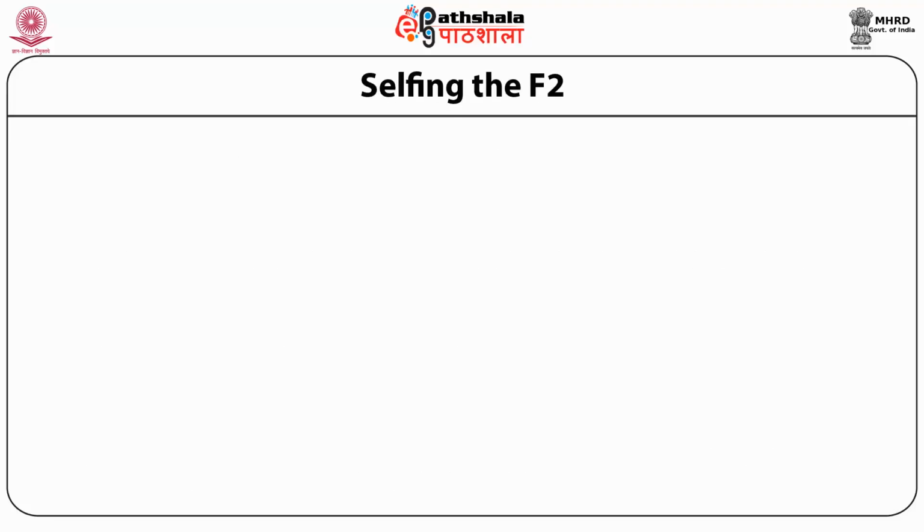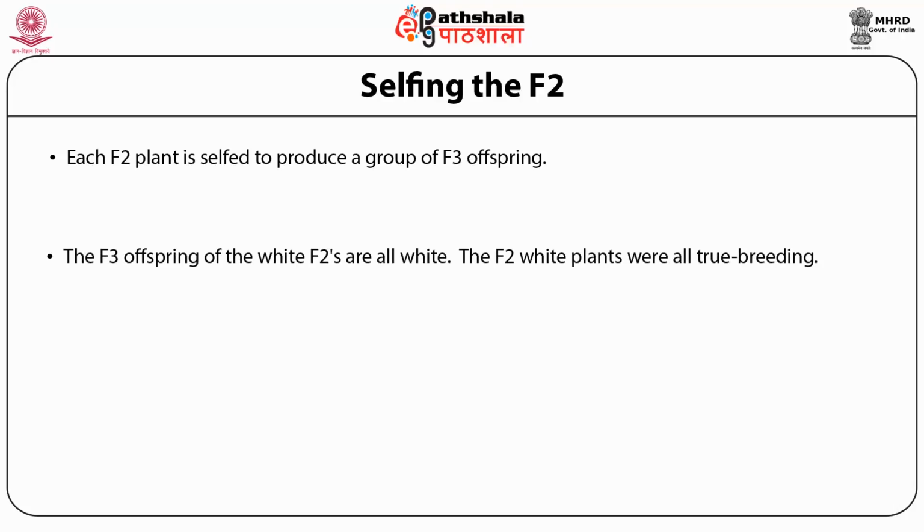Selfing the F2, or the self-pollination of F2 plants. Each F2 plant is selfed to produce a group of F3 offspring. The F3 offspring of the white F2s are all white. The F2 white plants were all true breeding.